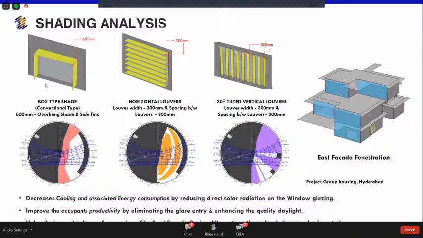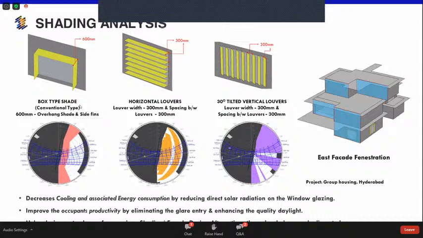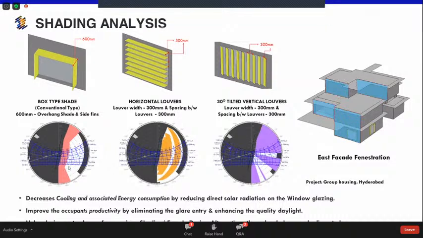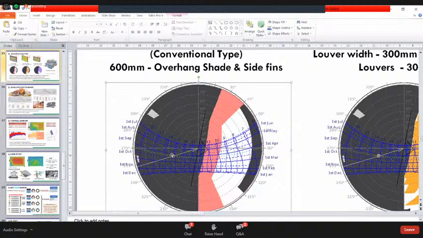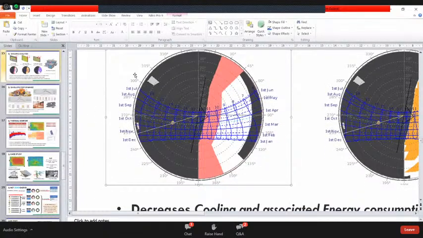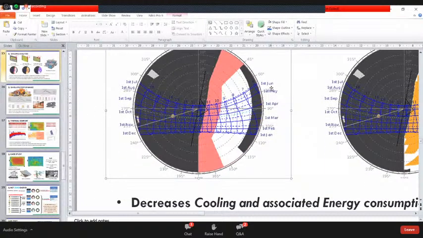So this is an east facade window. We had tried to design it with the conventional type, which was designed by an architect. I can show you the drawing clearly. When we design the box shade, this is a stereographic diagram, a representation of a window showing how it is exposed and how it is shaded.